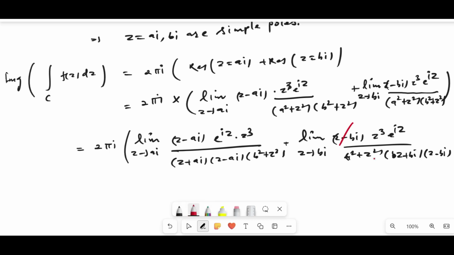So now cancel this factor here and further simplifying, this value is equal to 2 pi i multiplied by the limit. Apply the limit here directly.